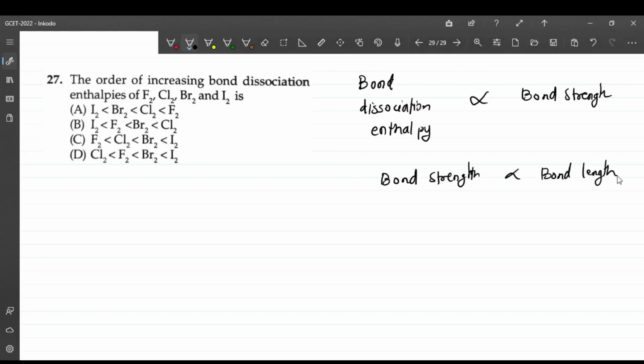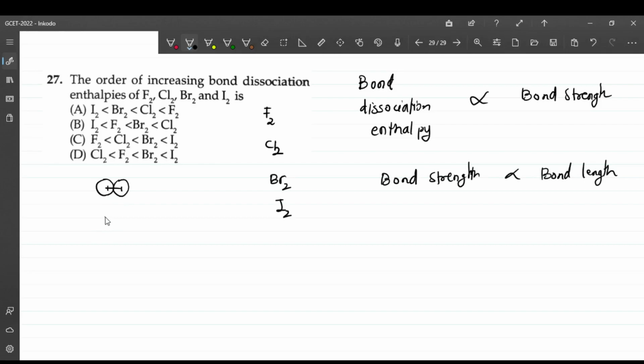Bond length. If we go by that, the topmost molecule is F2, fluorine, then chlorine, bromine, or the I2 molecule. I will draw the size of the fluorine molecule F2. Let's say this is a fluorine and this is a fluorine, and this is the bond length, right?